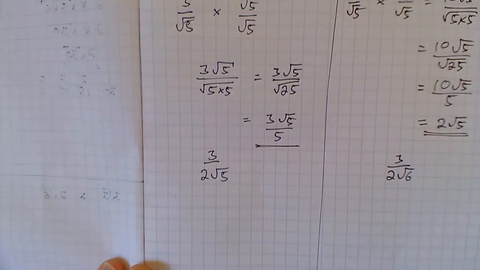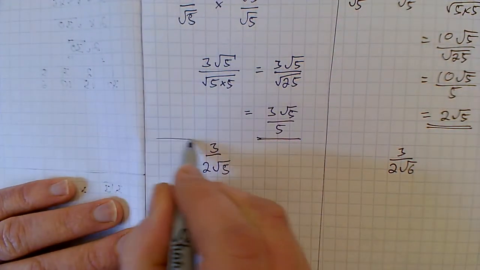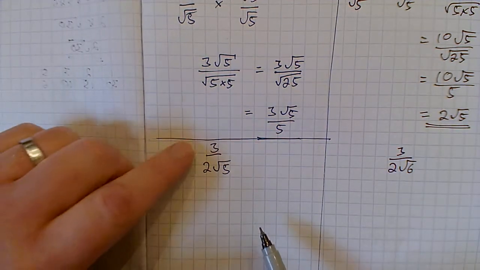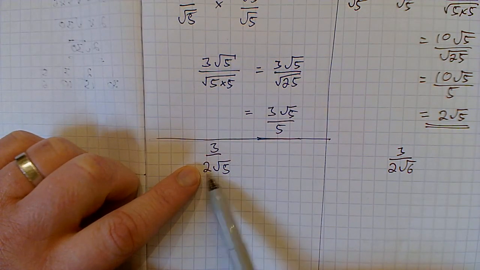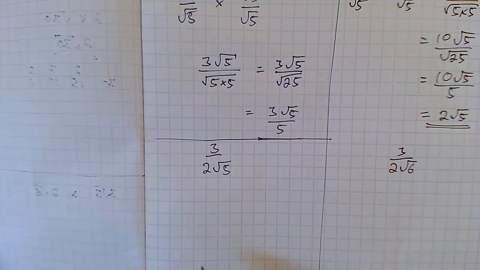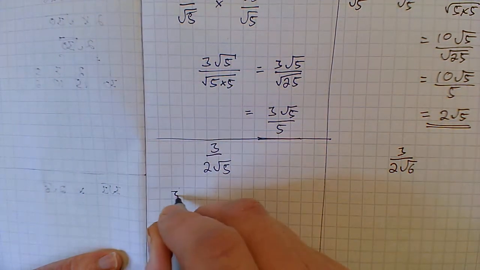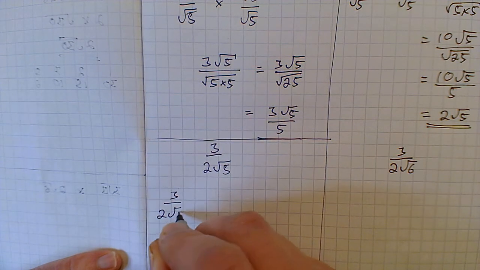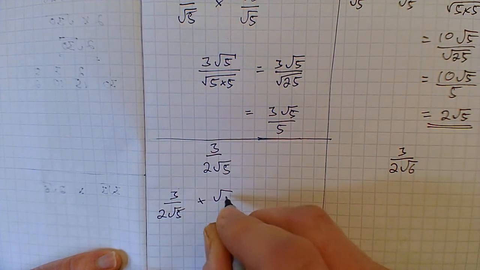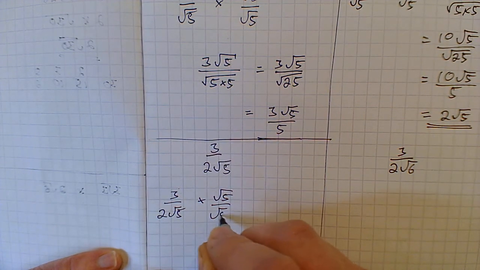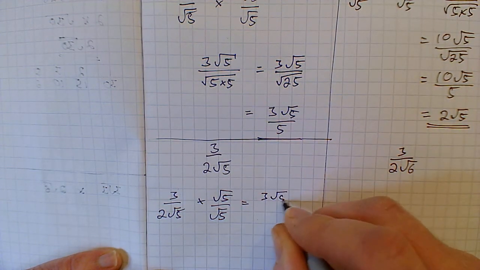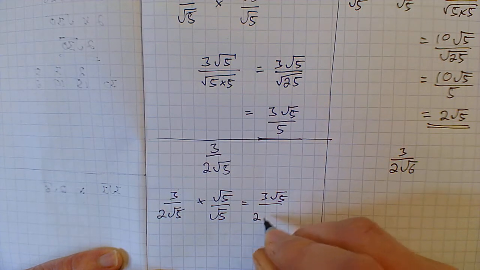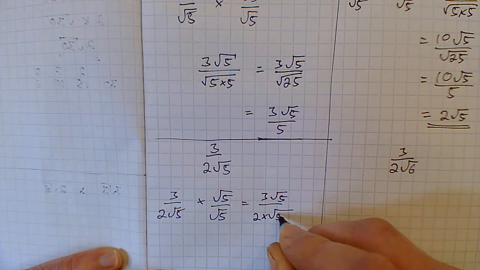There are also questions like this. Now let me just get a little bit straighter here. Okay, so coming across, just so you know, 3 over 2 root 5. The only difference is I've got an integer in front of the surd. Doesn't matter. 3 over 2 root 5 multiplied by root 5 over root 5 will give me 3 root 5 over 2 multiplied by the square root of 5 times 5.